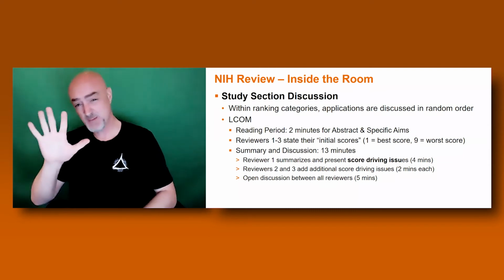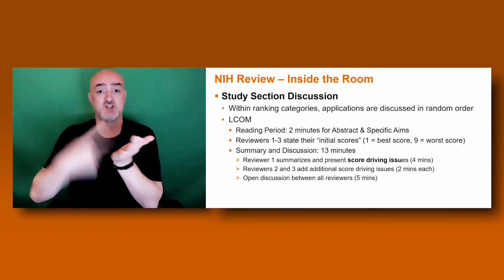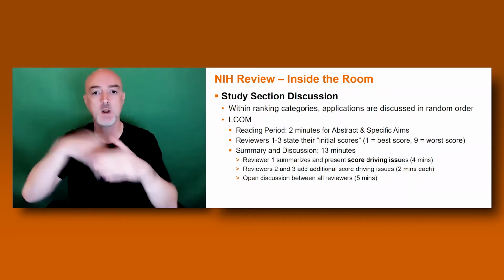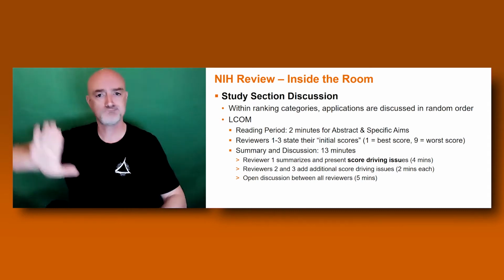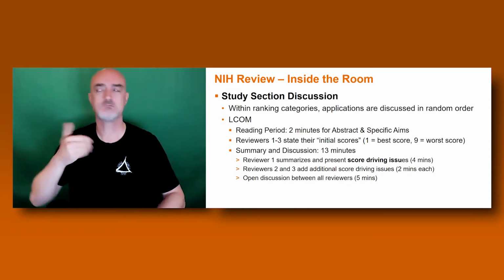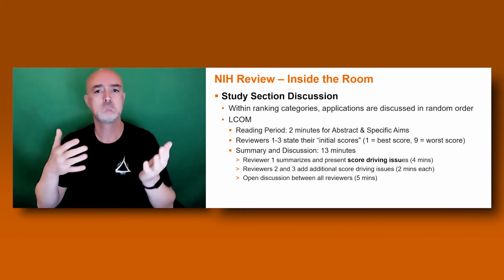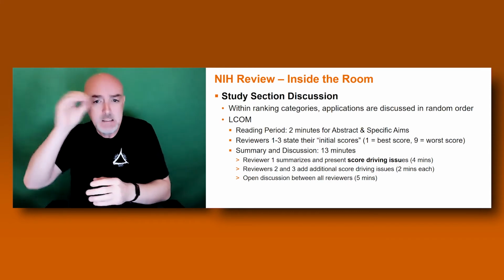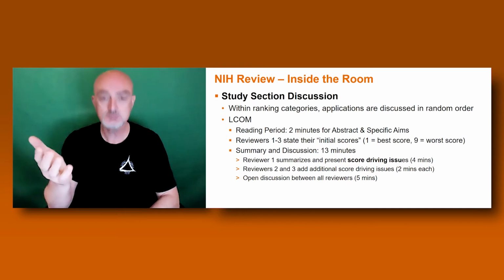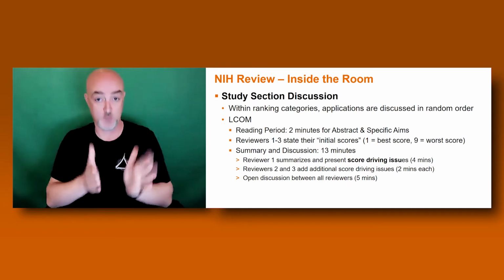Finally, at the end, there's about 5 minutes for open discussion between all of the reviewers. So everyone in the room is able to participate in a discussion. If people have questions for clarification or any comments or any opinions or considerations, they're able to utilize this time to speak, to express them.